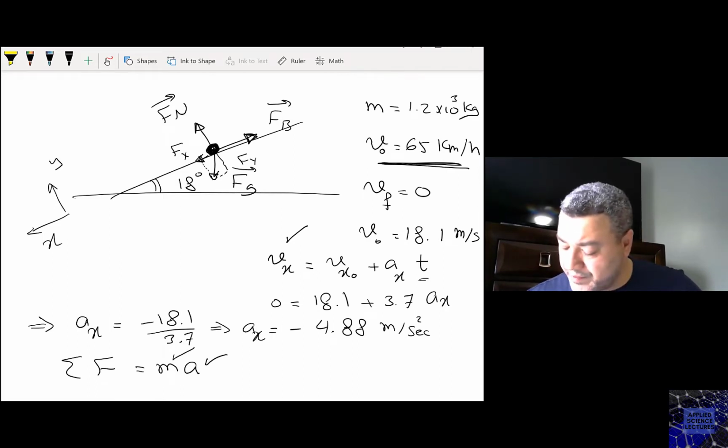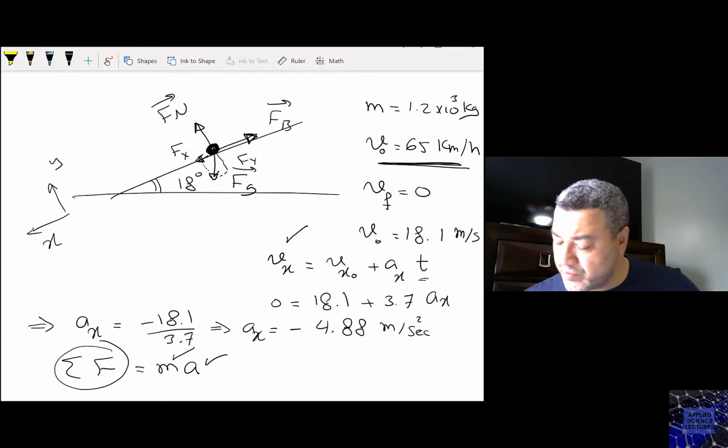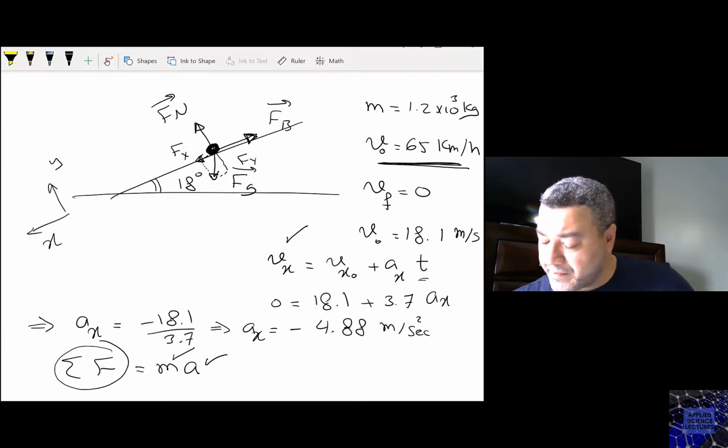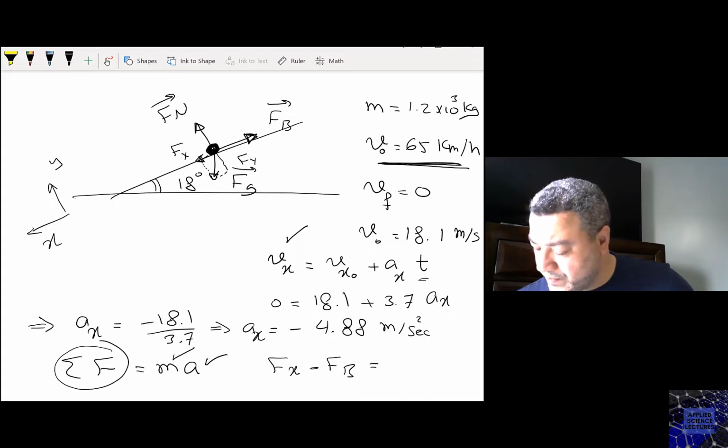We have the net force, which is basically Fb, if we're taking the positive direction in this direction, then we have Fx minus Fb equals ma.